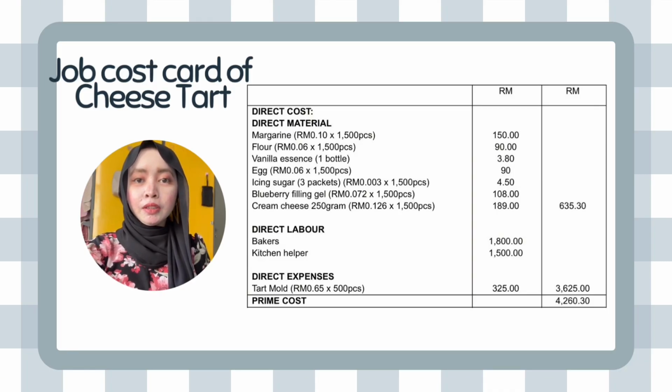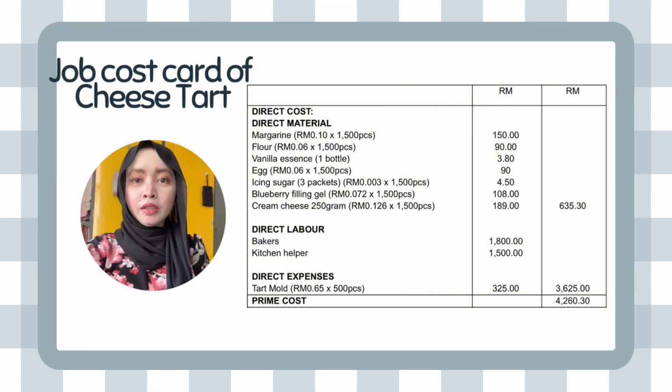Seventh, for cream cheese, the 250 gram pack costs 0 ringgit and 12 cents multiplied by 1,500 pieces, totaling 189 ringgit. Finally, when we sum up all these items, the total direct material costs come to 635 ringgit and 30 cents. Next, let's move on to our direct labor cost, broken down row by row.